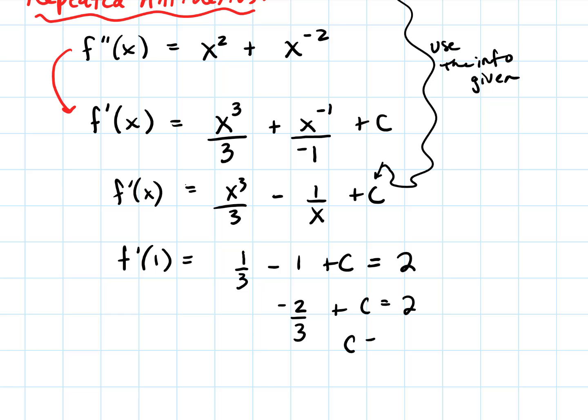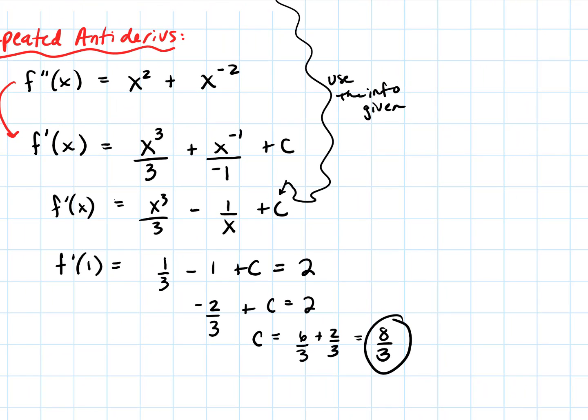Add 2/3, so c would be 2 plus 2/3, but that would be 6/3. So c is actually 8/3. Okay? So we can put that information together and we can say that f prime of x is equal to x cubed over 3 minus 1 over x plus 8/3.